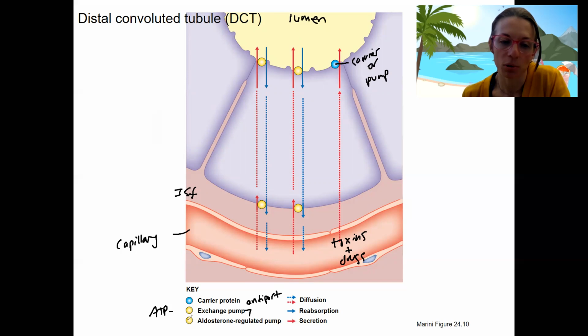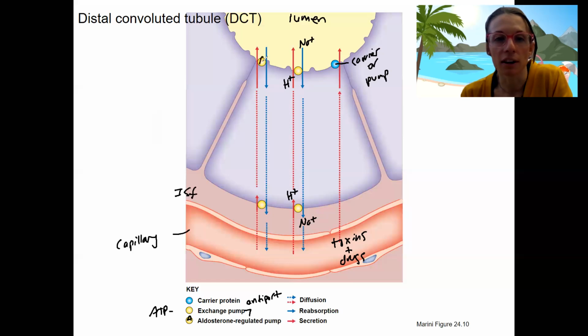Aldosterone regulated, I'm going to put with an A. So first I'm going to do my one without an A. We want to reabsorb sodium, and we're going to secrete hydrogen ions to regulate that pH. So same thing here. We've got sodium being exchanged for hydrogen. Great. And we saw this same mechanism before, these ATP pumps that exchange sodium and hydrogen ions.